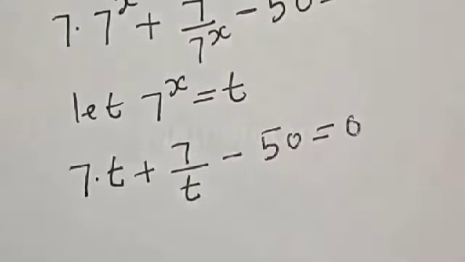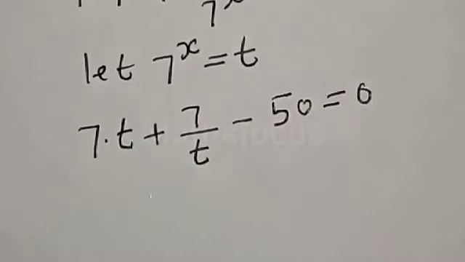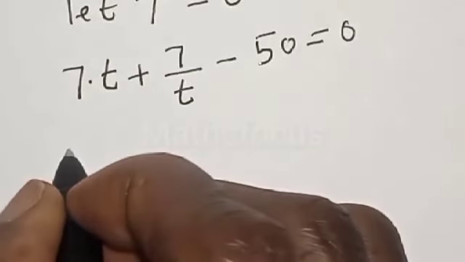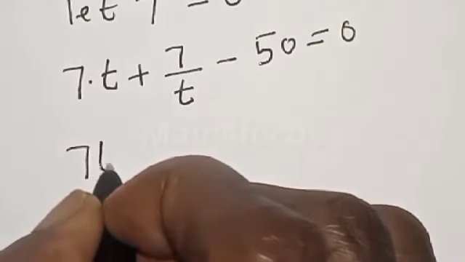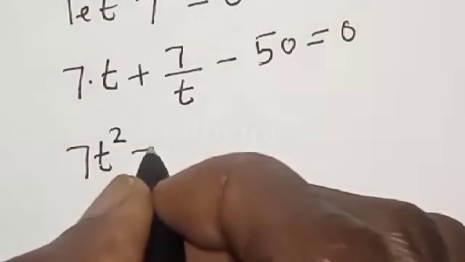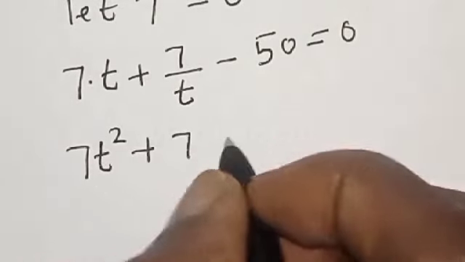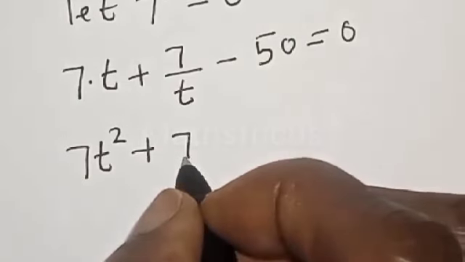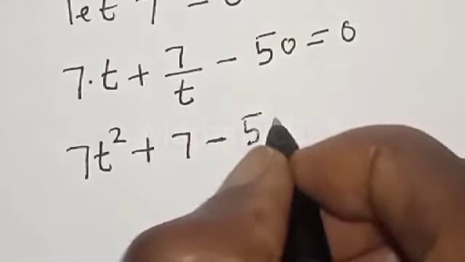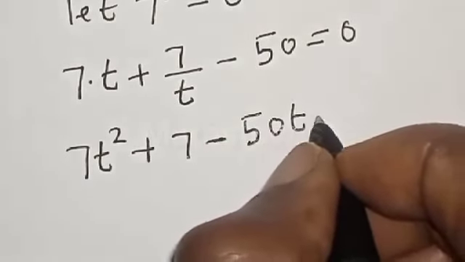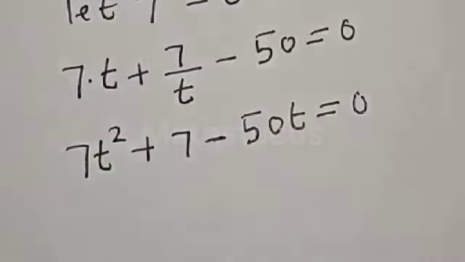is equal to 0. Now let's multiply all through by t. Then we have 7t squared plus 7 minus 50t is equal to 0.